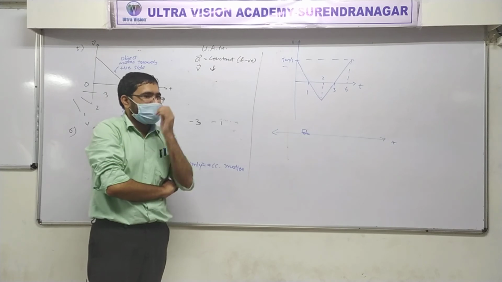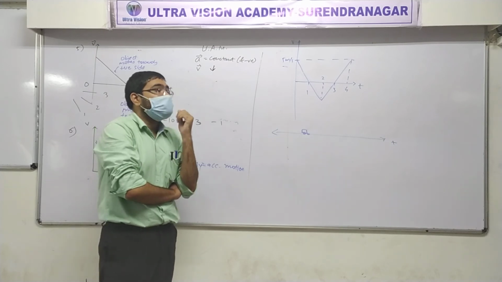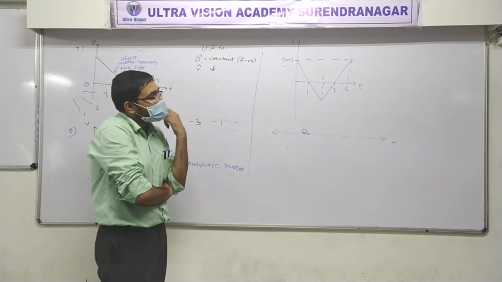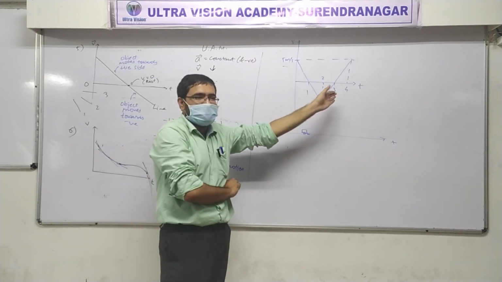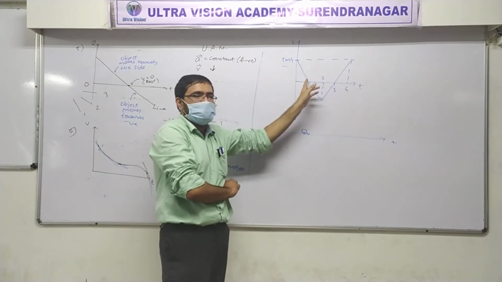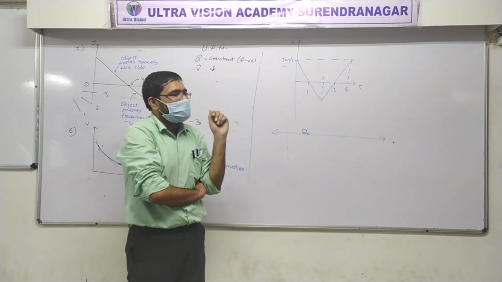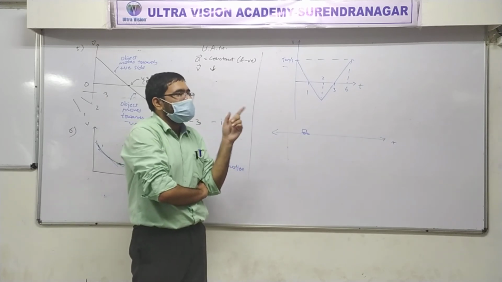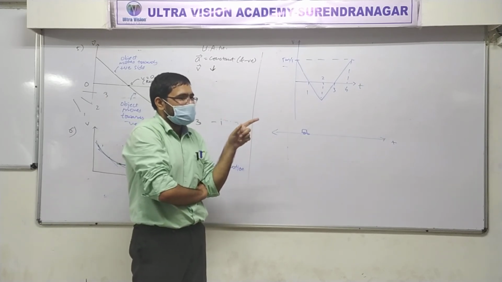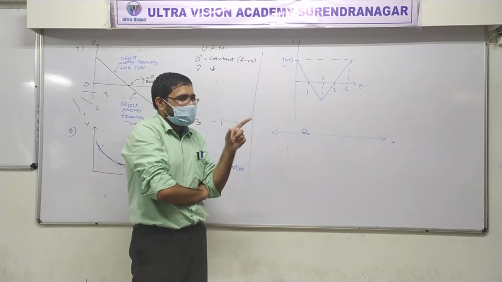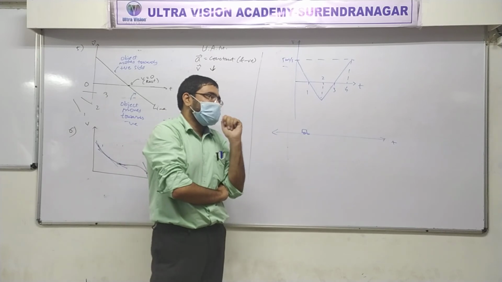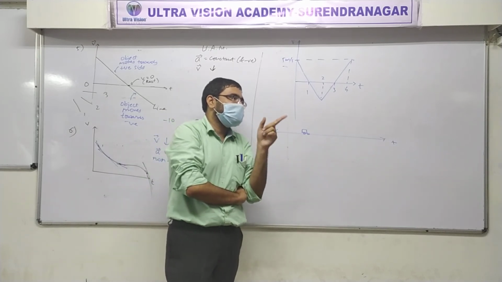From 0 to 1 second there is retardation. How do you know? Because acceleration is negative, and the slope of the graph is negative, isn't it? So 0 to 1 is retardation, and then 2 to 3 there is retardation. Sure. Acceleration is positive. Why? Acceleration is positive and velocity is negative.